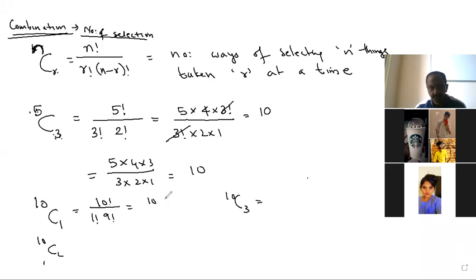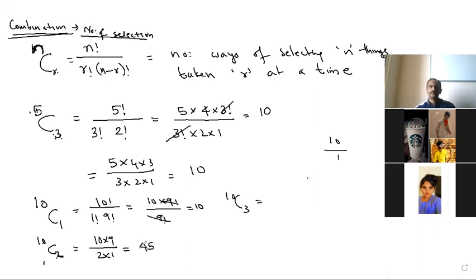It is the same as 10 into 9 factorial upon 9 factorial, which is 10. Shortcut method: 10 divided by 1. 10C2, shortcut method: write two numbers starting from 10, and write two numbers starting from 2.